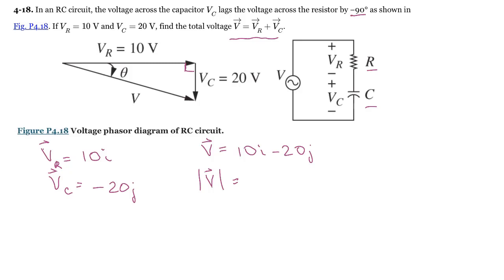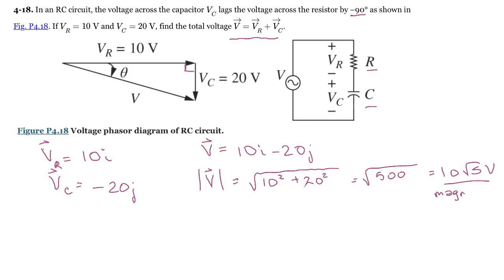So it's equal to the square root of 10 squared plus 20 squared, which is the square root of 100 plus 400, which is 500. So this is equal to 10 times the square root of 5 volts. So this would be the magnitude. That's not what they're asking for, but in case you were wondering, that's that.